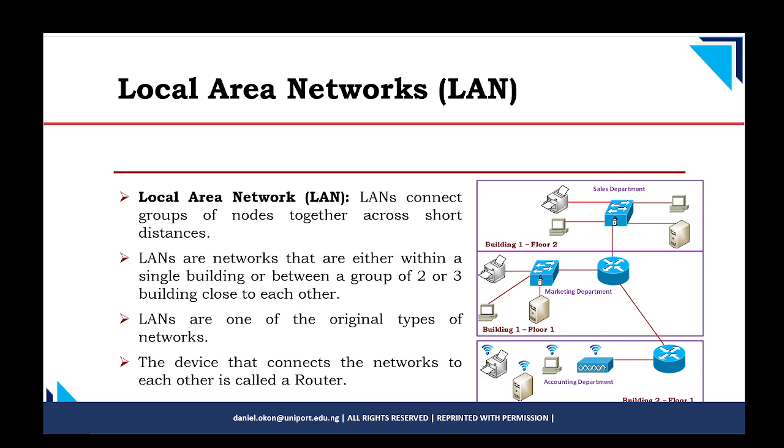So in that same vein, a router is actually used to interconnect several locations together. Why is it so? Now, there's a very slim line or a very slim difference between a router and a switch.